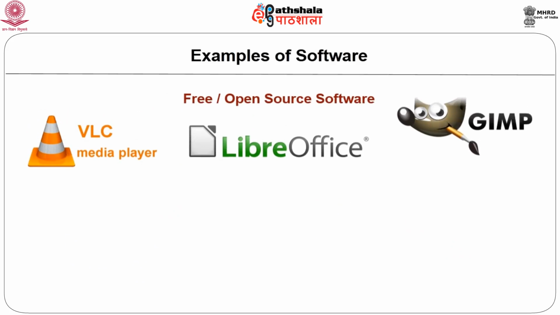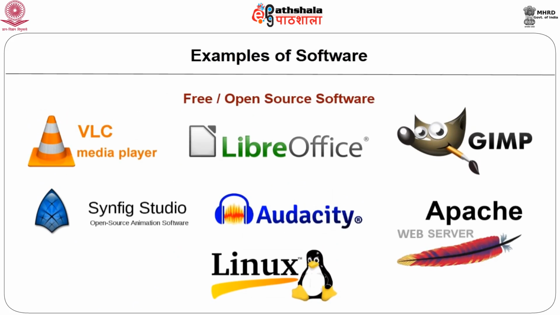Now, a few open source software which are widely used: VLC media player. Probably all of us are aware of VLC. VLC is a very good media player. It plays audio and video in different formats, and it is open source.